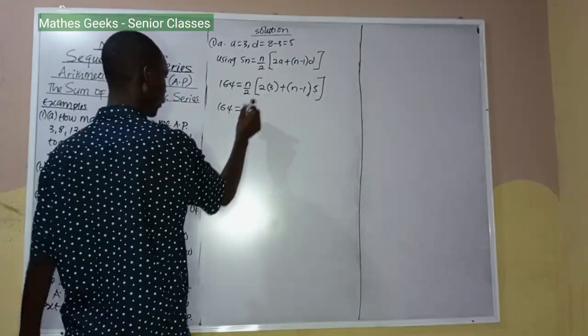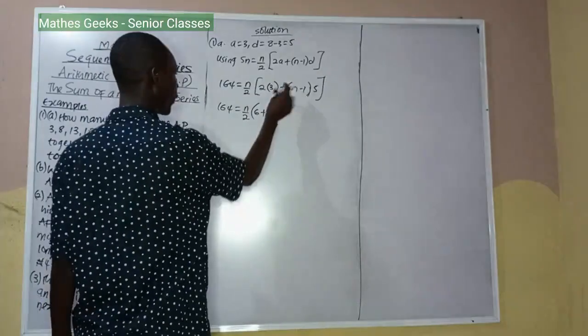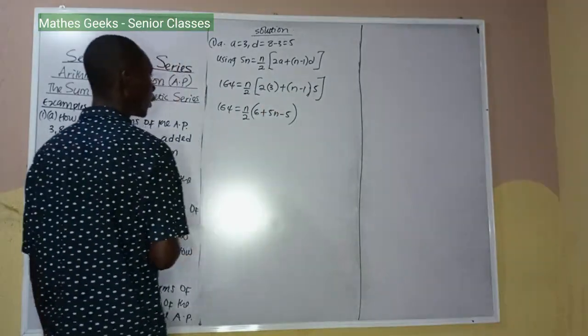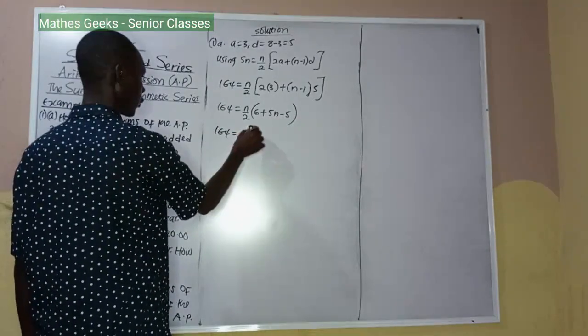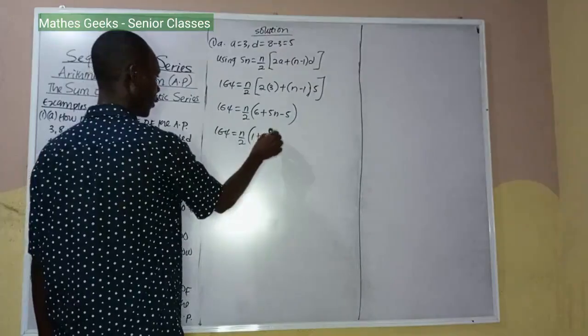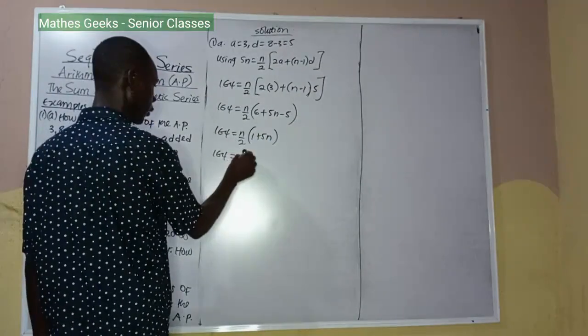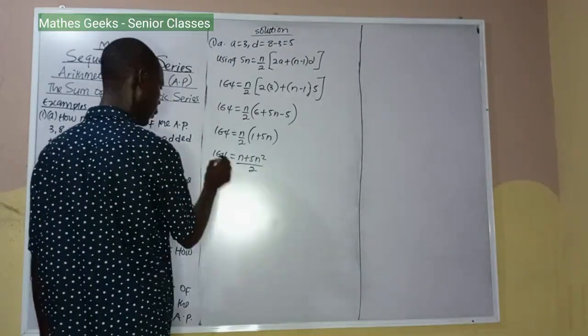So 164 is equal to n over 2 times 6 plus 5 times n minus 1, which gives 5n minus 5. That gives us 164 is n over 2 times 1 plus 5n, and 164 is equal to n plus 5n squared over 2.